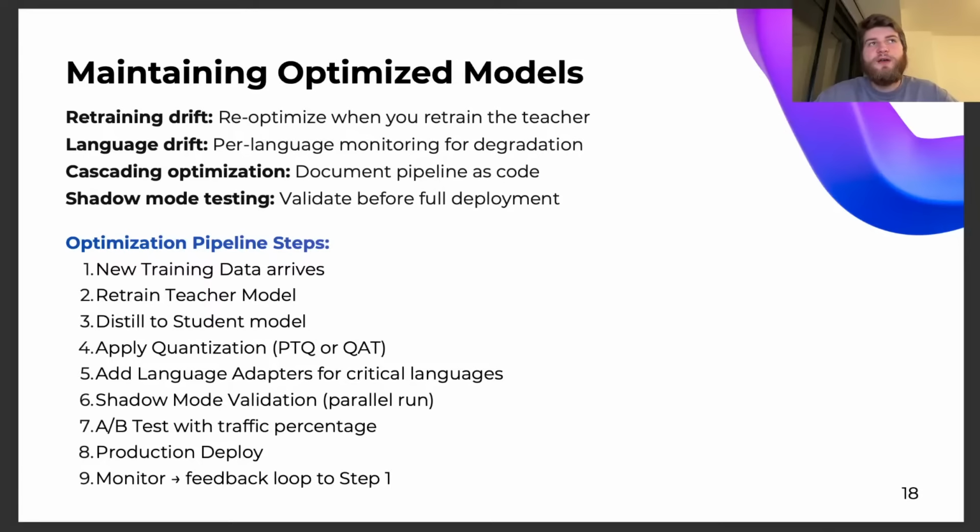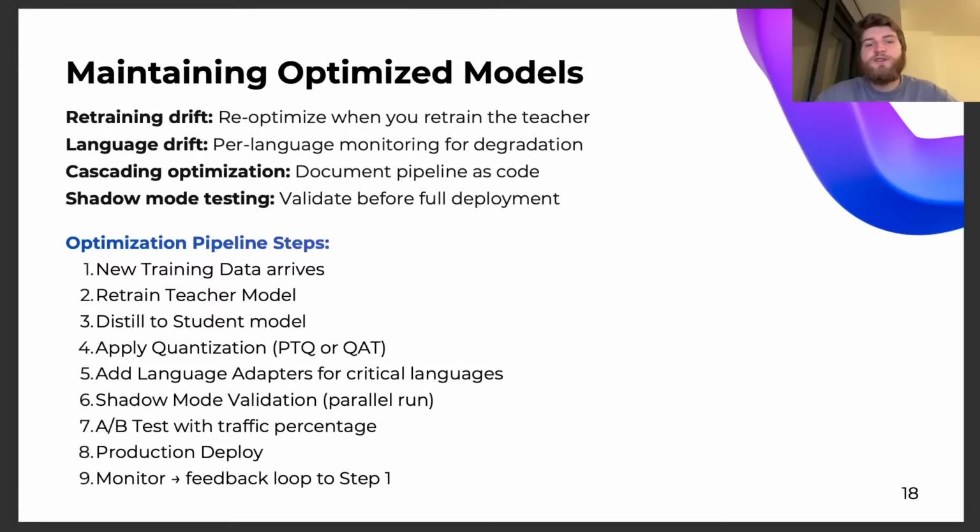Challenge number 2, language drift. New slang emerges, terminology changes, user behavior shifts, and these shifts affect languages differently. For example, your Thai users might start code switching more with English terms, causing your carefully optimized Thai performance to degrade faster than English. Solution is per-language monitoring with alerting on accuracy degradation.